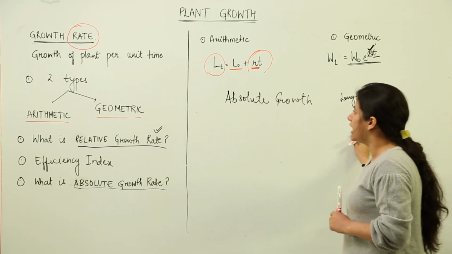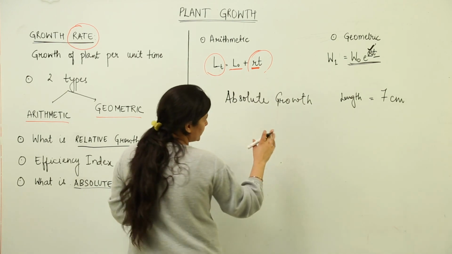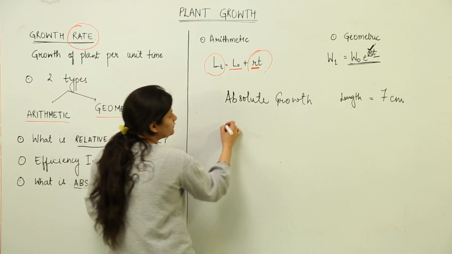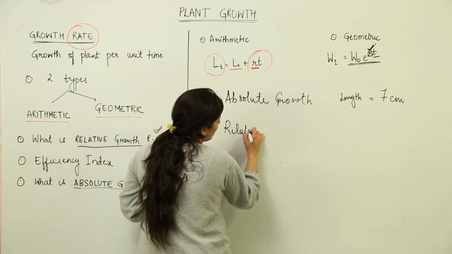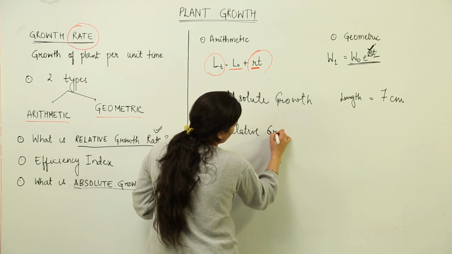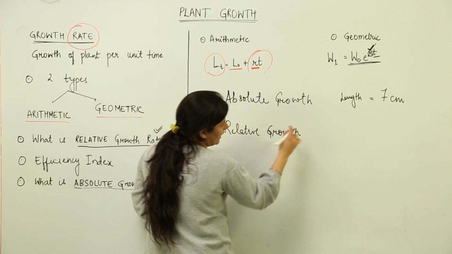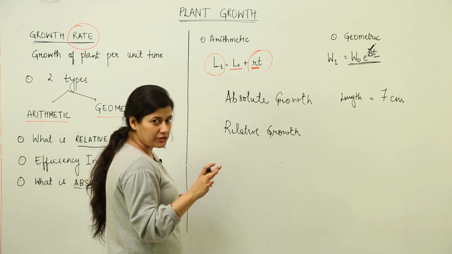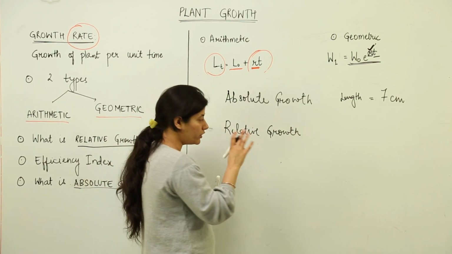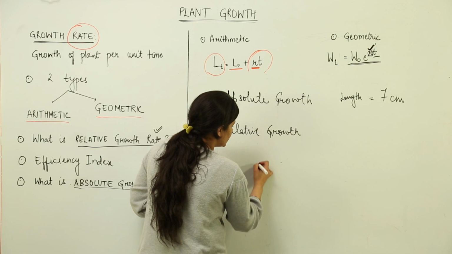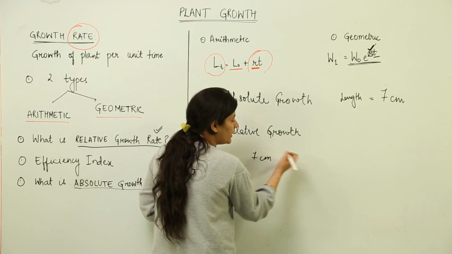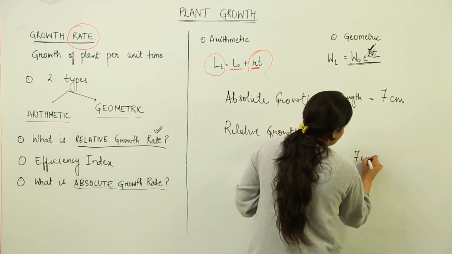Now please understand how I am going to explain relative growth to you. Supposedly, two plants are there. One plant has shown 7 centimeter of growth, while the other one has also shown 7 centimeter.